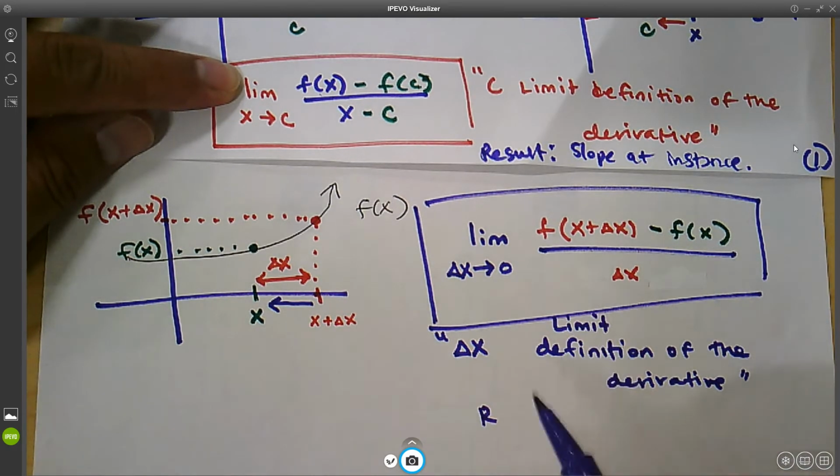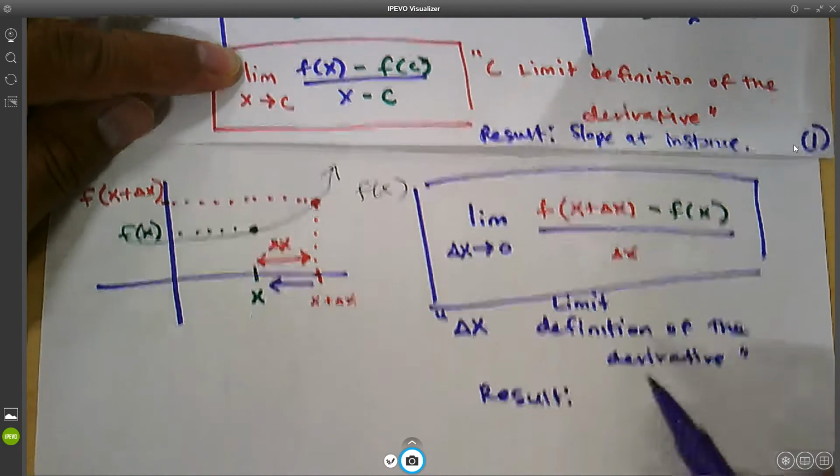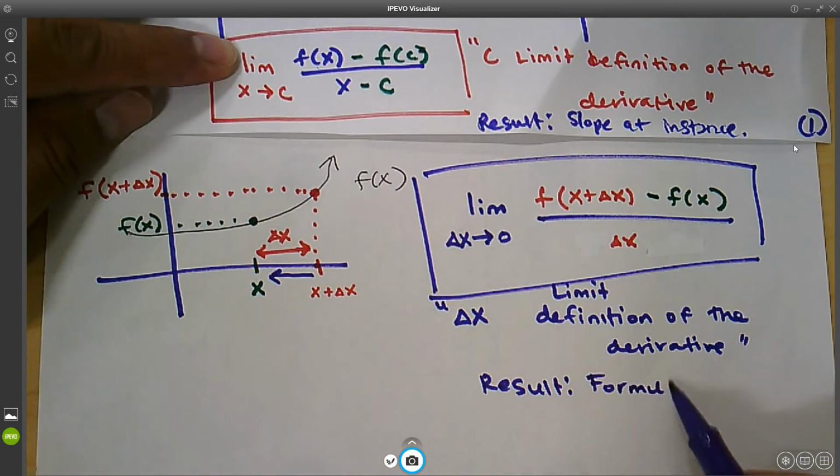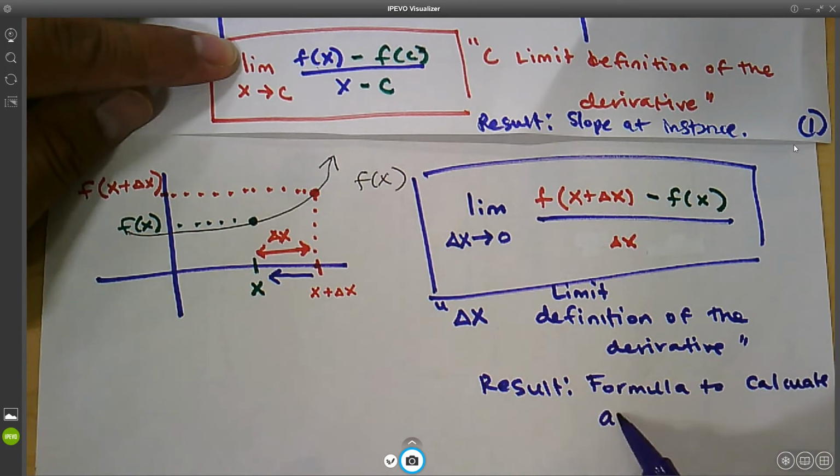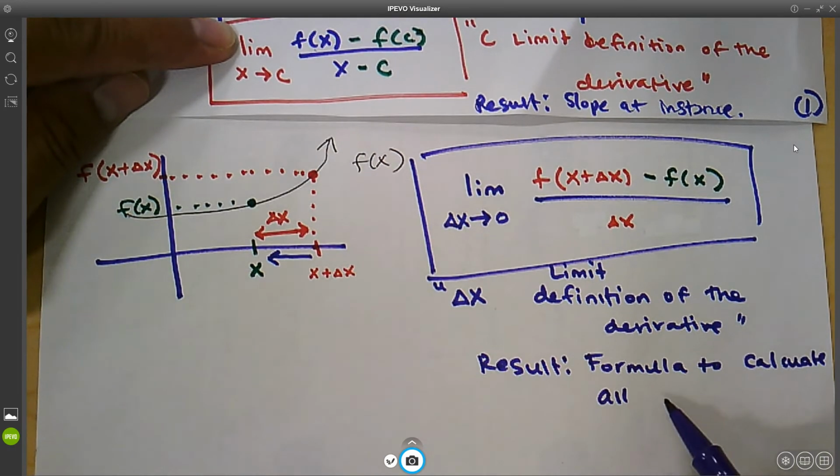The result of this one doesn't find the slope at an instant. It finds a formula to calculate all slopes at any x instance.